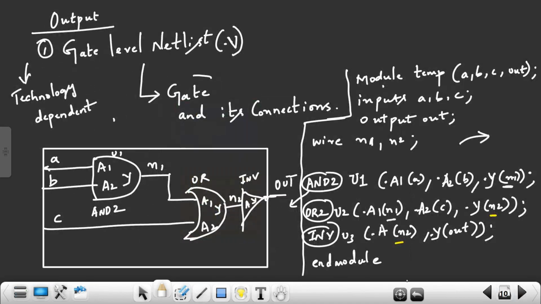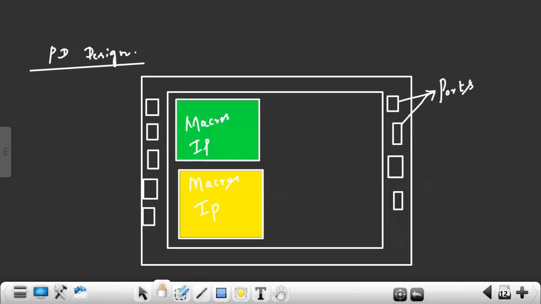Some IPs or circuits must be done using analog design. For example, you want a PLL, a phase lock loop, in your design. A phase lock loop cannot be done using the flow I explained now. We cannot write the RTL code for analog circuits; we can write RTL code only for digital circuits.